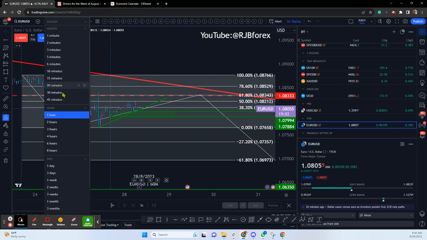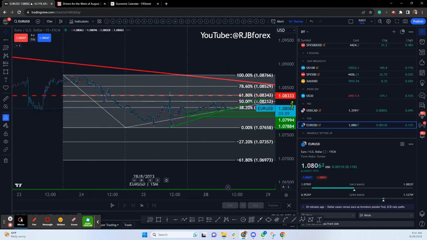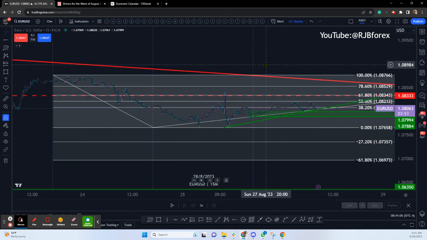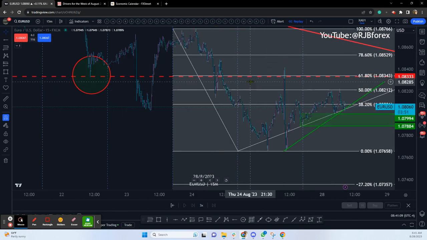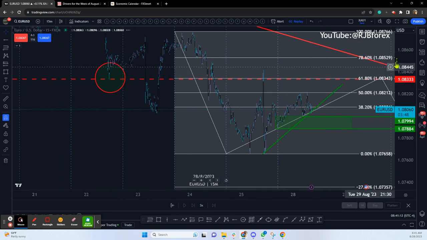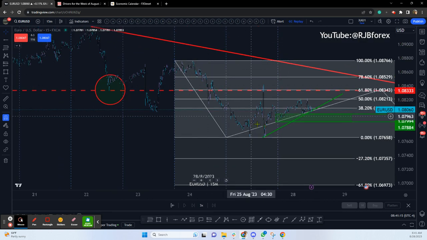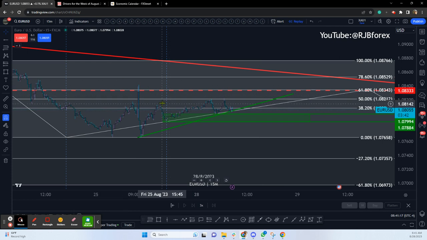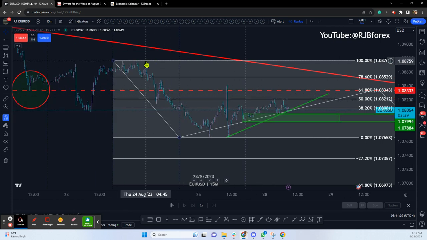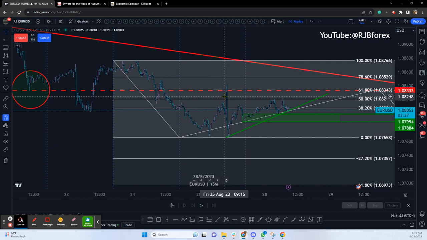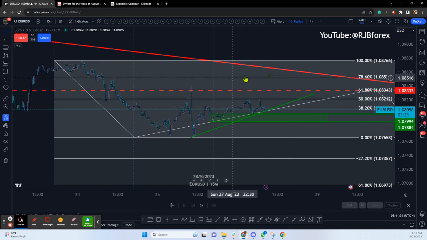From the lower time frame, the 15-minute, zoom in on that. Yeah, it's a shame really that we're sort of mid range of that Friday range, as with most pairs.